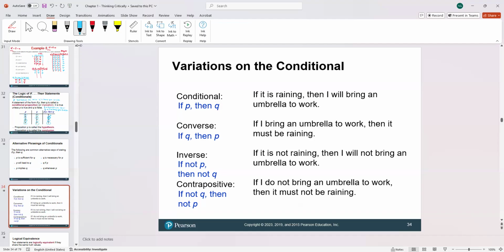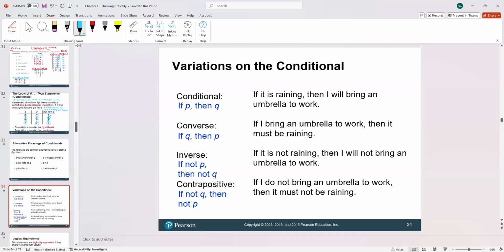Converse is affirmative and inverse is negative. When I say negative, it's mostly that you have "not" in both propositions. Contrapositive: if I do not bring an umbrella to work, then it must not be raining, right? So that's the contrapositive.